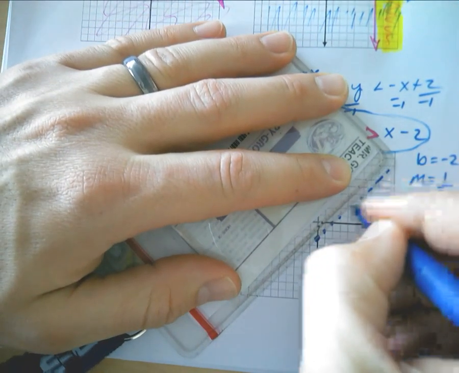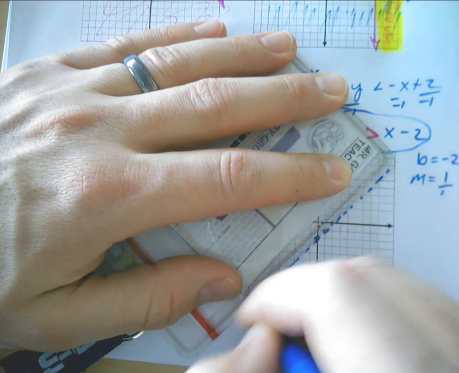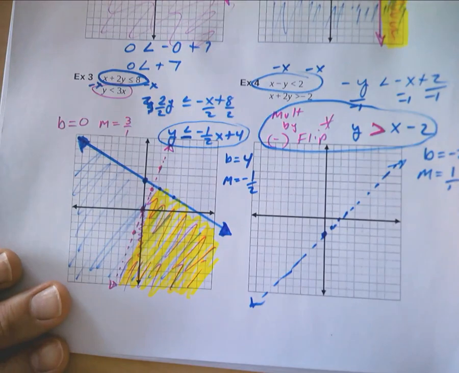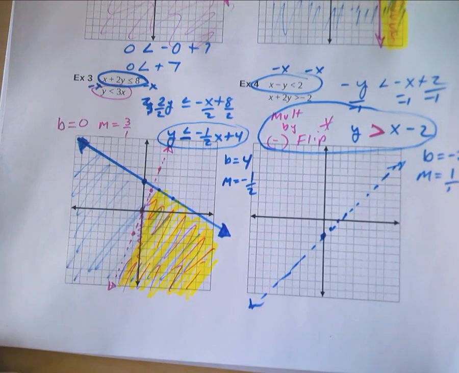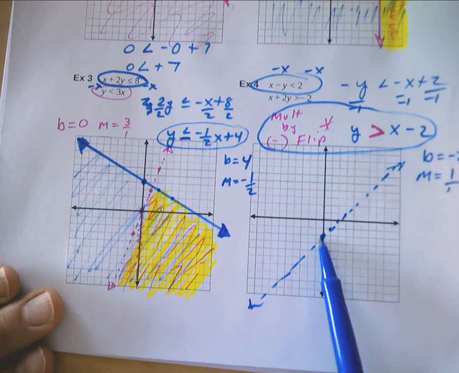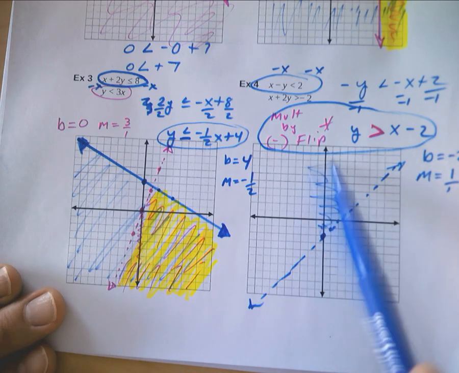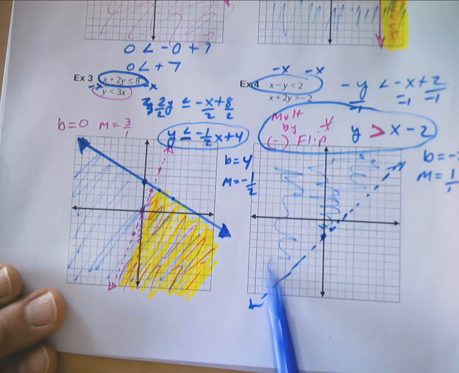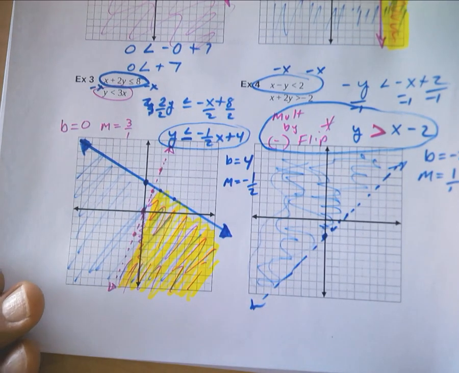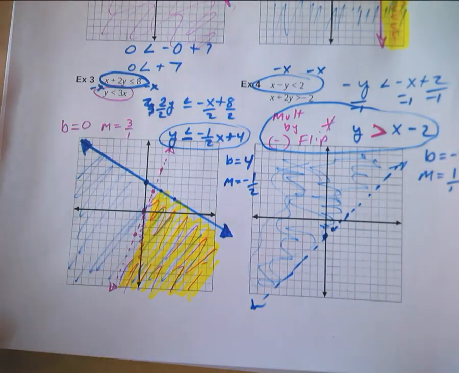We got a dashed line. And then it's greater than, so do I shade above or below? Yeah, greater than is above, so I find my totem pole and I shade above this guy here. So far, so good.